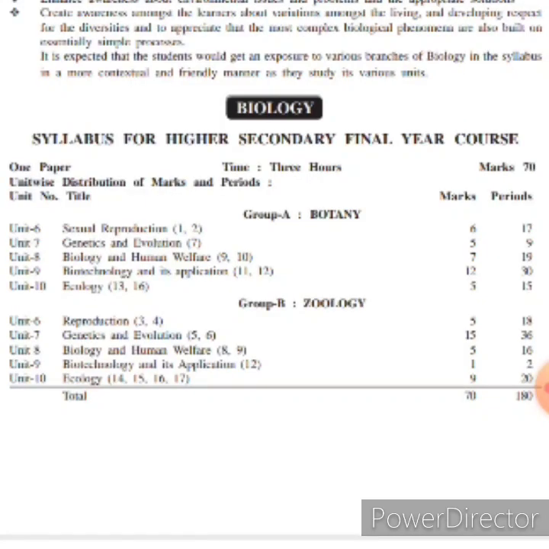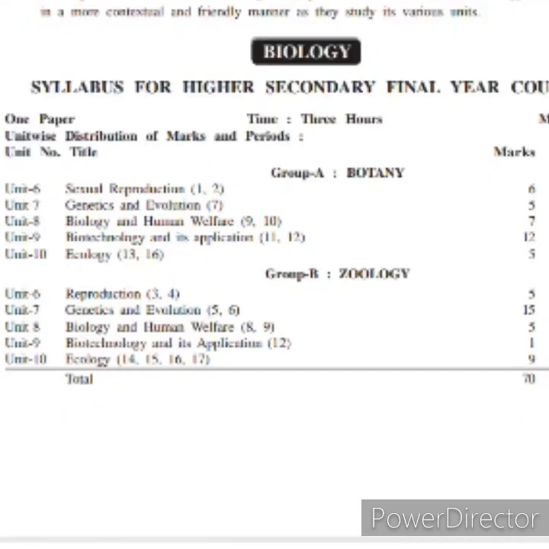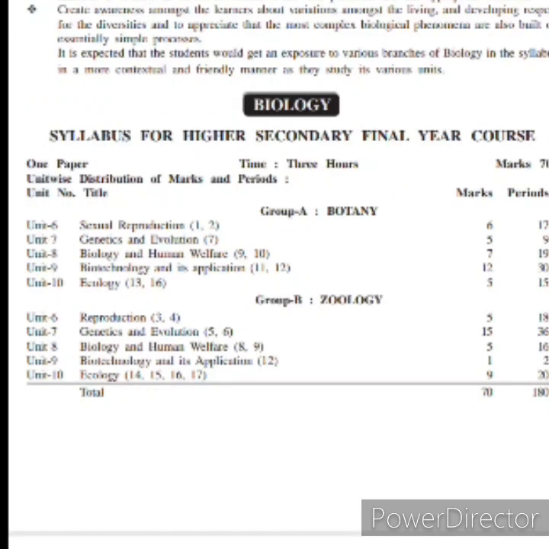Your biology syllabus has a total of 17 chapters, and you probably know that your whole biology paper carries 70 marks: botany carries 35 marks and zoology carries another 35 marks in theory. You see, unit 6 has reproduction: sexual reproduction in botany and also reproduction in zoology.